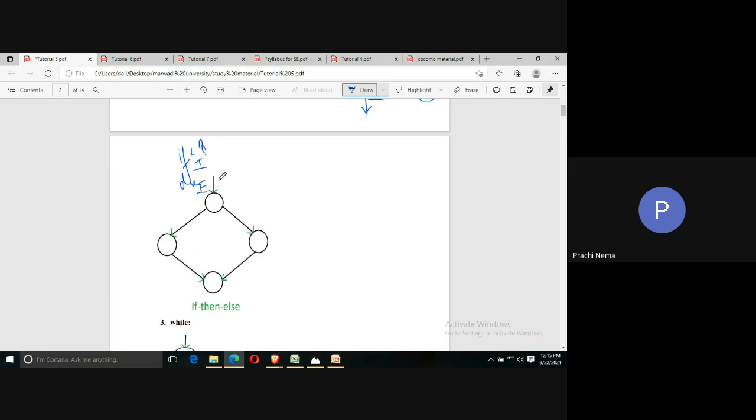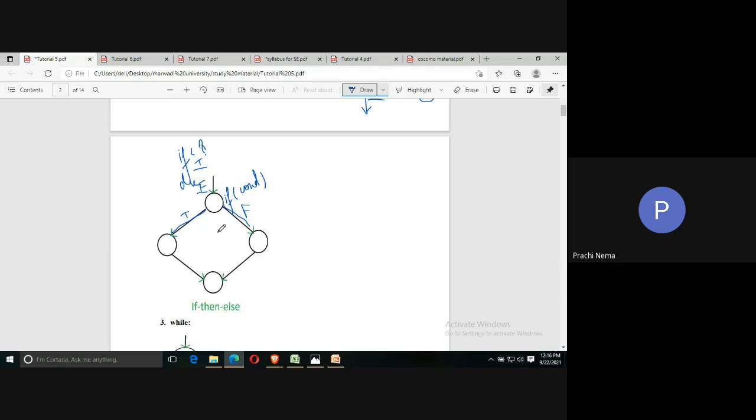So to represent this using a control flow graph, we will draw a node which will represent the if and condition testing. So the if condition part is represented at this particular node. If the condition is true, then one of the paths will be followed, and if the condition is false, then the other path will be followed.